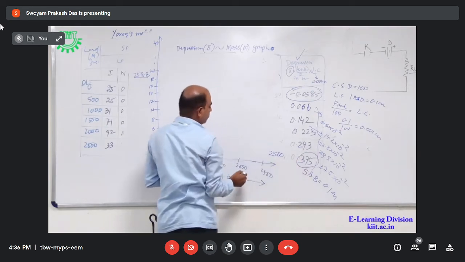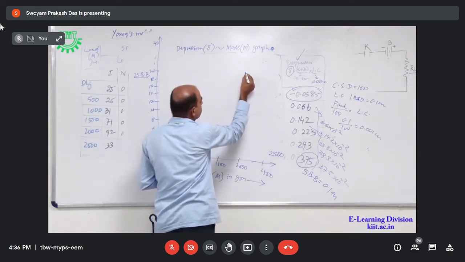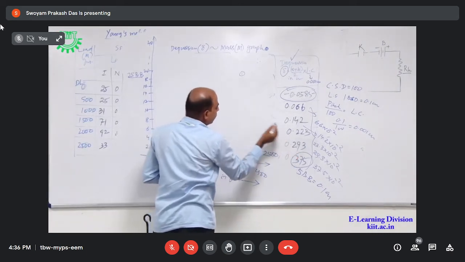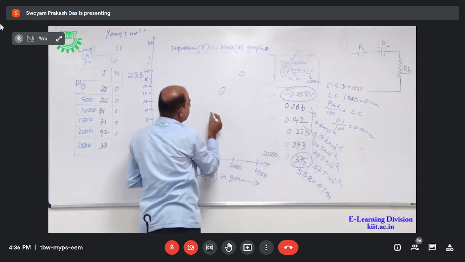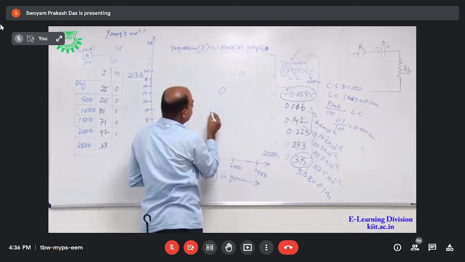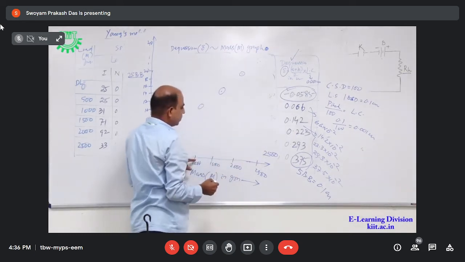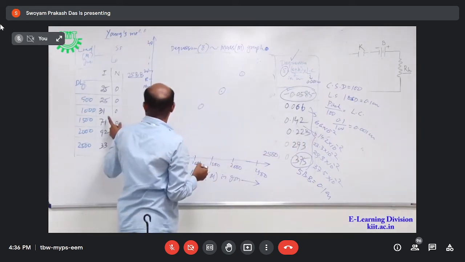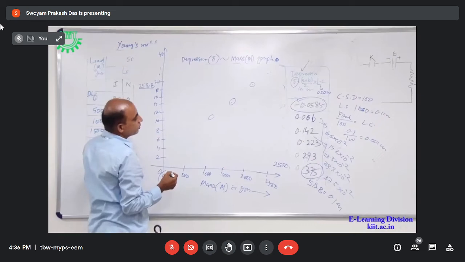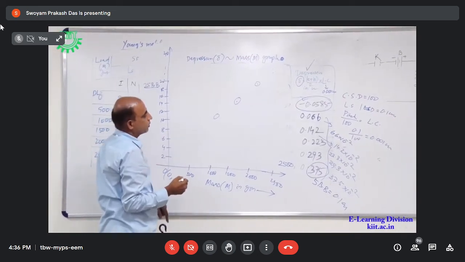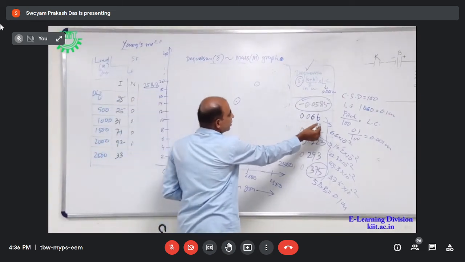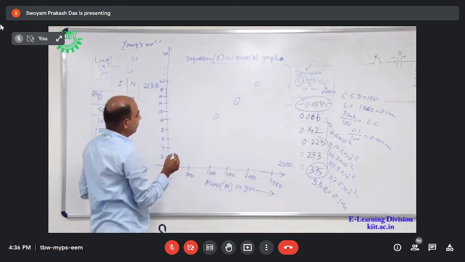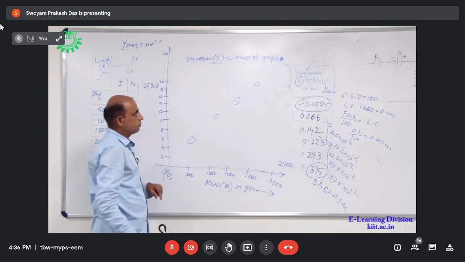Similarly, 29.3 will be easier to plot. 29.3 we will find. Then 22.3 we will find. Then 14.2, which is for 1000. Then 6.6, which is for 500 gram. So we will plot like this.